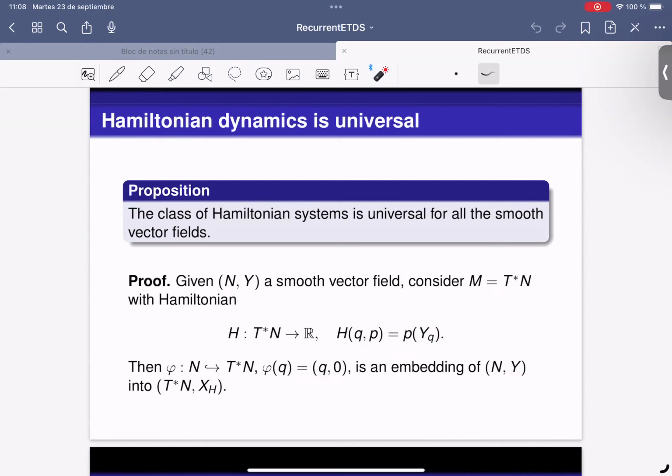So this means that Hamiltonian systems are as difficult as smooth vector fields, because every smooth vector field can be embedded inside a Hamiltonian system. Okay? So that's the idea of universality.